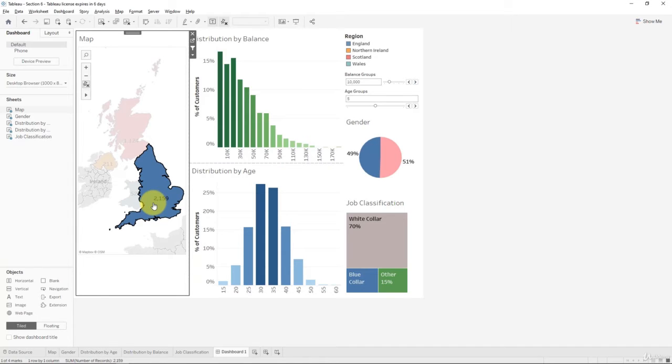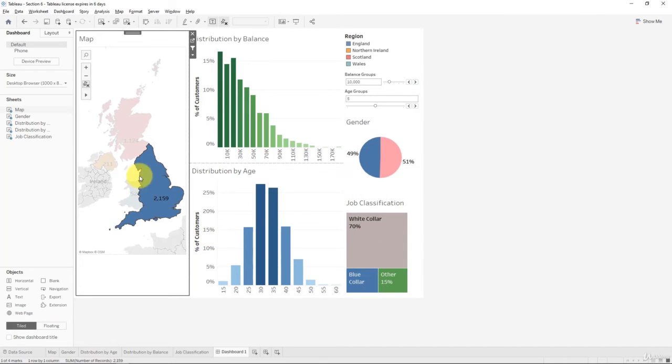They might find it attractive, and that's something you want to convey to the executives: when they are advertising or working with customers in England, perhaps it's a good idea to take special care of the white collar workers and see how you can tailor the services to their needs in this specific region. So that's what we're going to be focusing on in our storyline, that England is predominantly white collar workers.